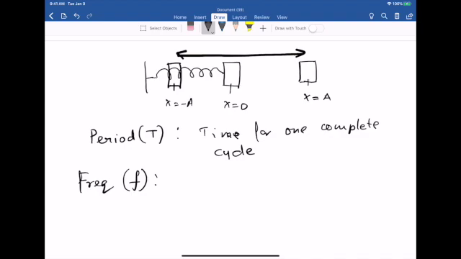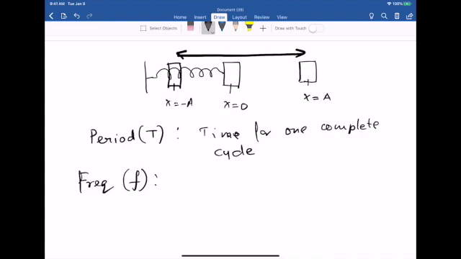Let's say that you could count really fast. In 10 seconds, you count 50 full cycles. In that case, that would mean that it's doing 5 cycles per second. And so that would be the frequency. So the frequency is the number of cycles per unit time.